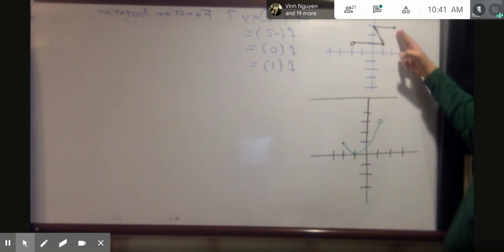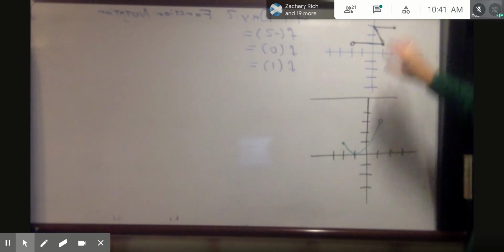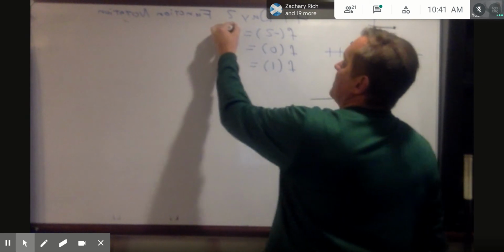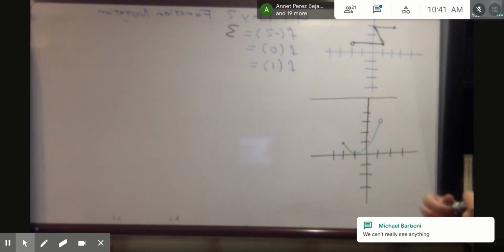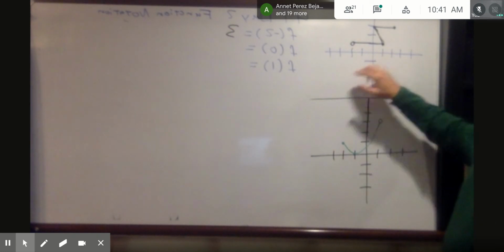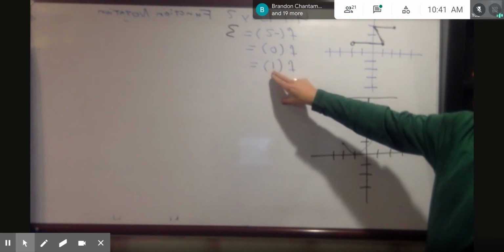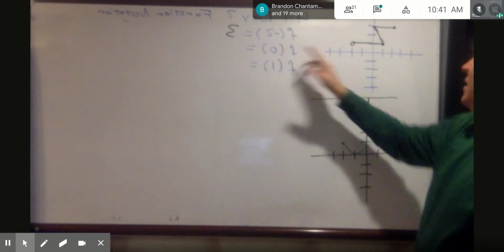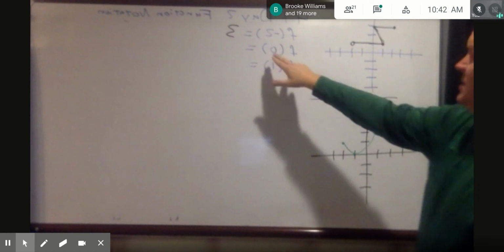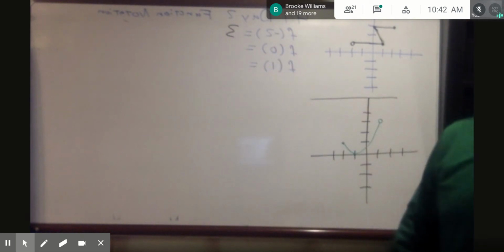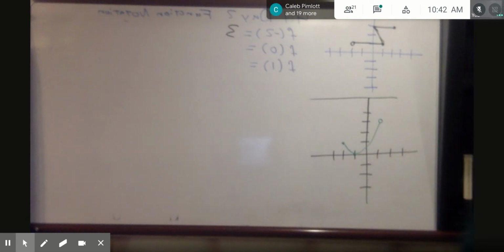When x is negative 2, my y value up here is at 3. Okay. See if you can do these last two, when x is 0 and when x is 1. Now, 0 is a trick. There's a trick to that one. They're trying to trick you on this one. There's more than one answer, to give you a hint.